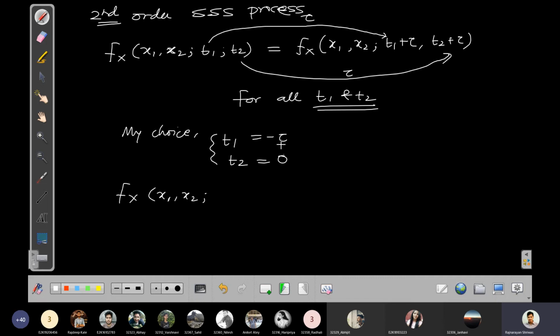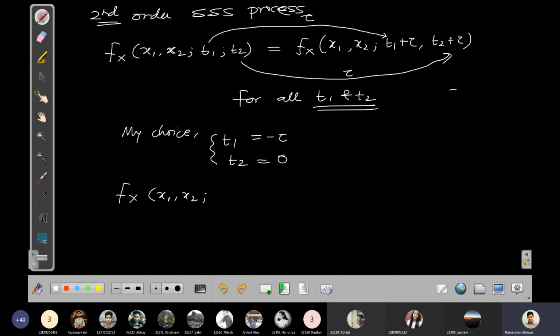I just choose t2 equal to 0. I don't need to choose t1 equal to t. I need to choose t1 as minus tau, otherwise I will be in trouble. It's not working. I need to get t2 minus t1 here.